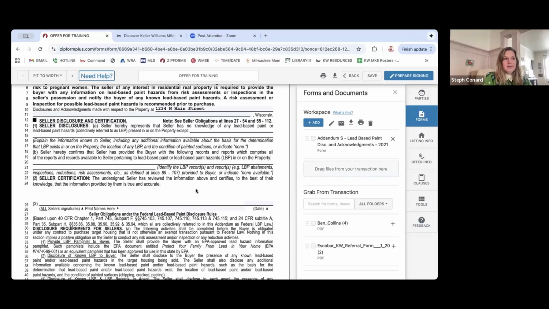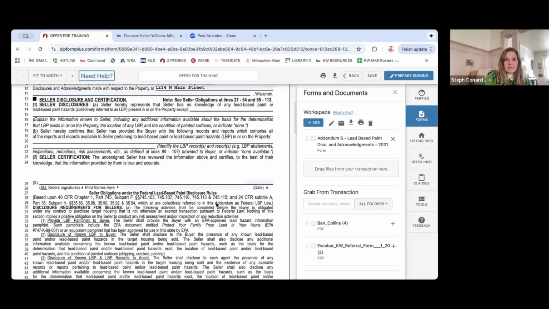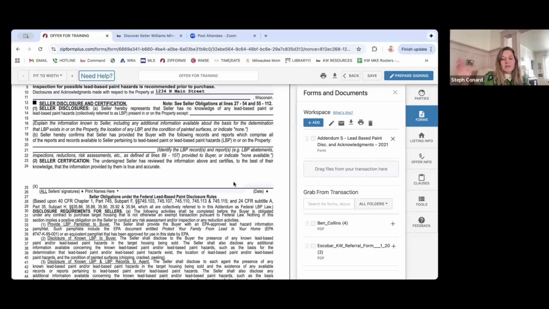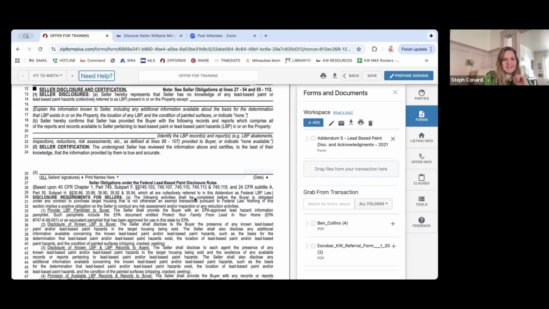So, costing our agent some money for under E&O purposes. So anyway, that's true of all disclosures where we know of something and the seller is not willing to disclose it, we need to make the disclosure if they don't. So I'll get off my little soapbox now.